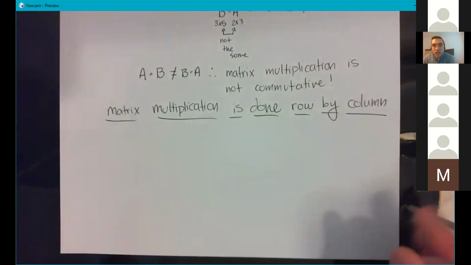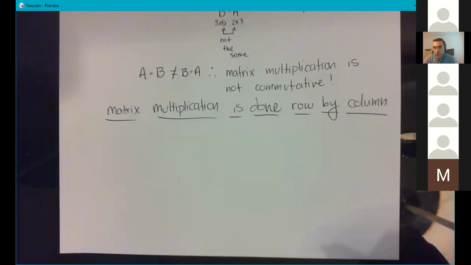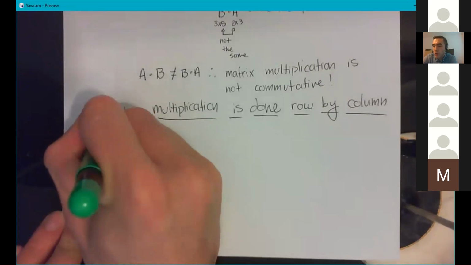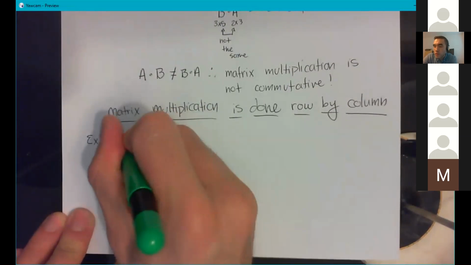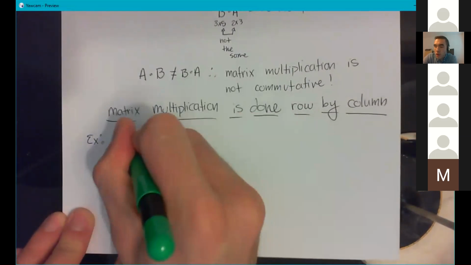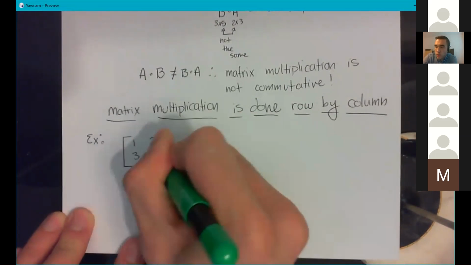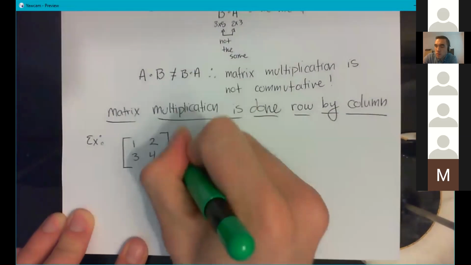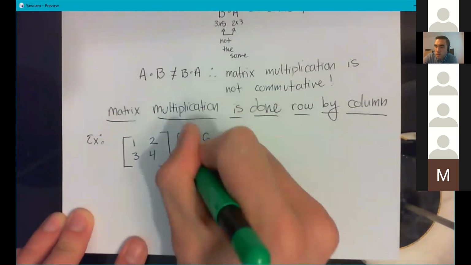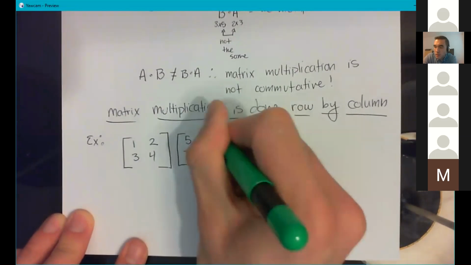Without getting into a fancy definition where all of the terms are just left alone as variables, let's just start off with a numeric example. Let's say we are asked to multiply matrix A times matrix B such that matrix A is 1, 2, 3, 4, and matrix B is 5, 6, 7, and 8.